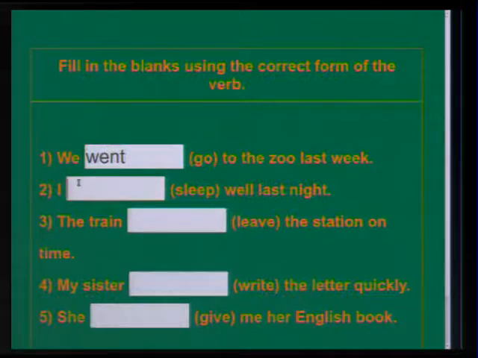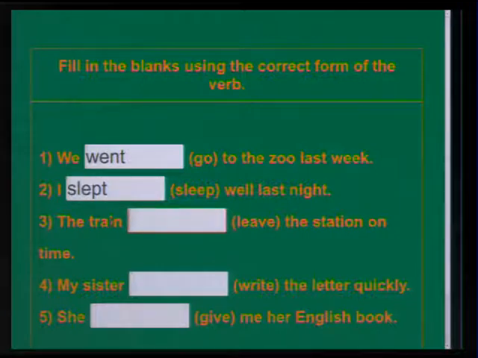Second, I blank sleep well last night. You have to say I slept. I slept well last night. Third one, the train blank leave the station on time. Leave is a verb.